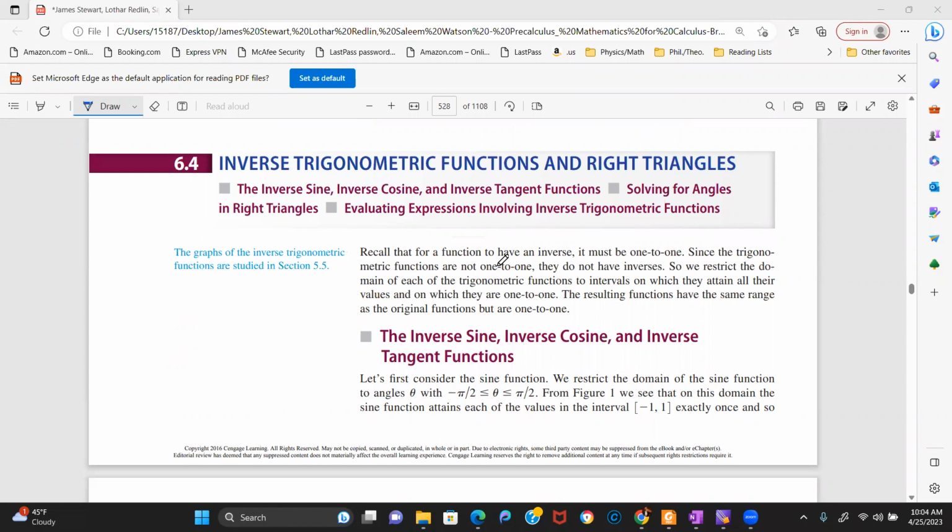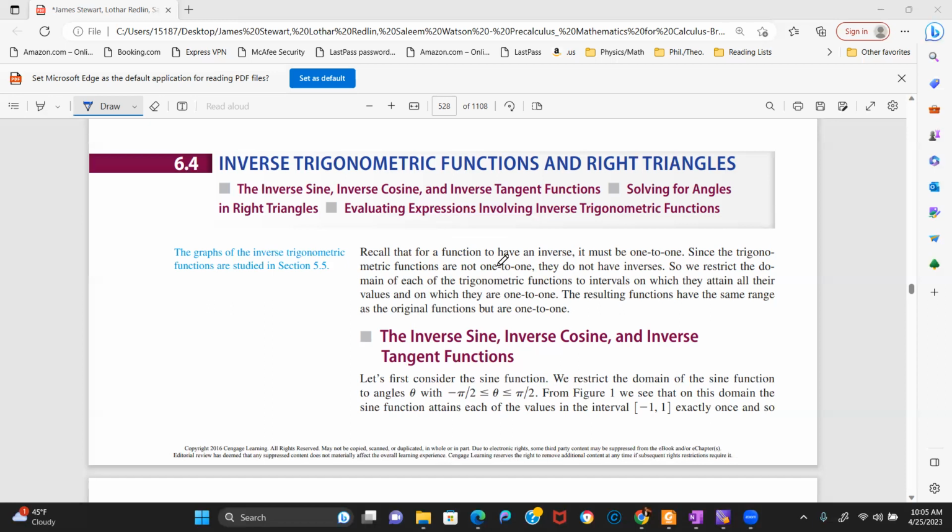They're not injective because they're periodic. The graphs repeat, so they fail to have an inverse. But if you think of the trig function restricted to a smaller domain, then you will get something that passes the horizontal line test, and therefore has an inverse.